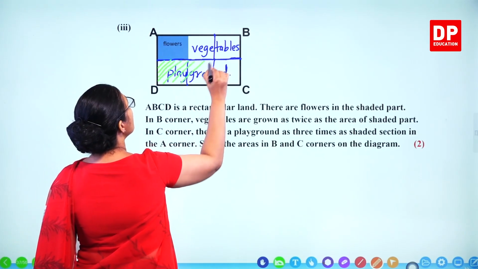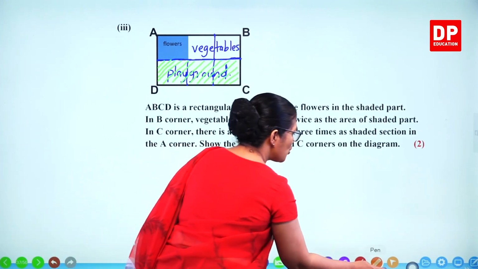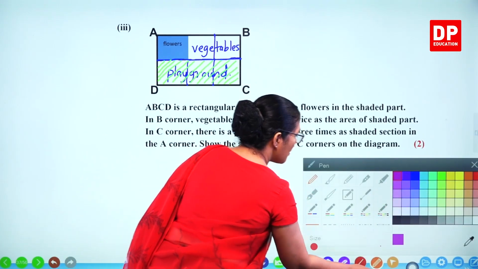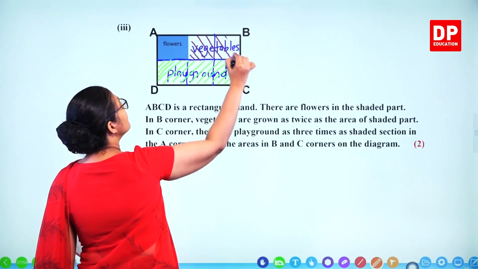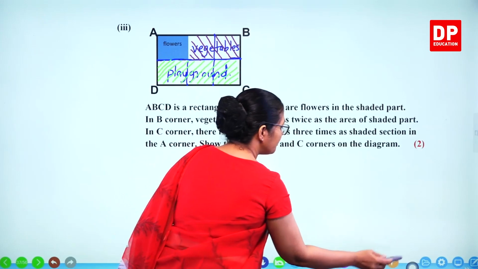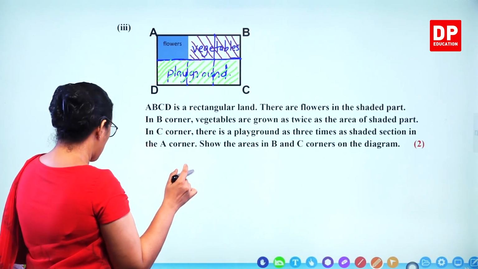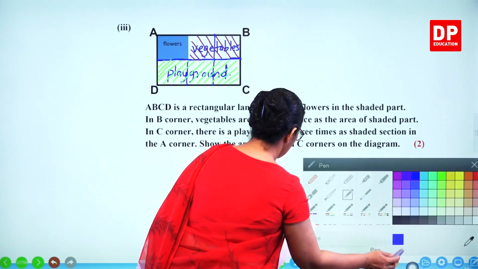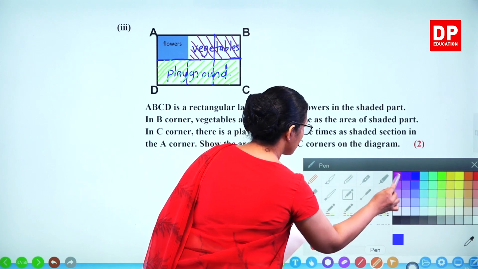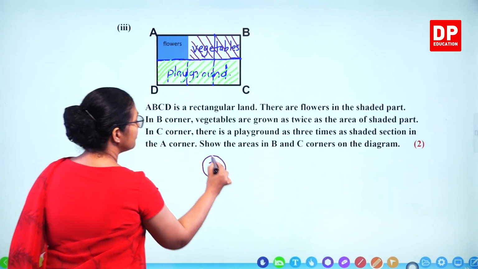So this is the ground area. And vegetables, I'll put green color or something. So vegetables here. So you get 2 marks for this.